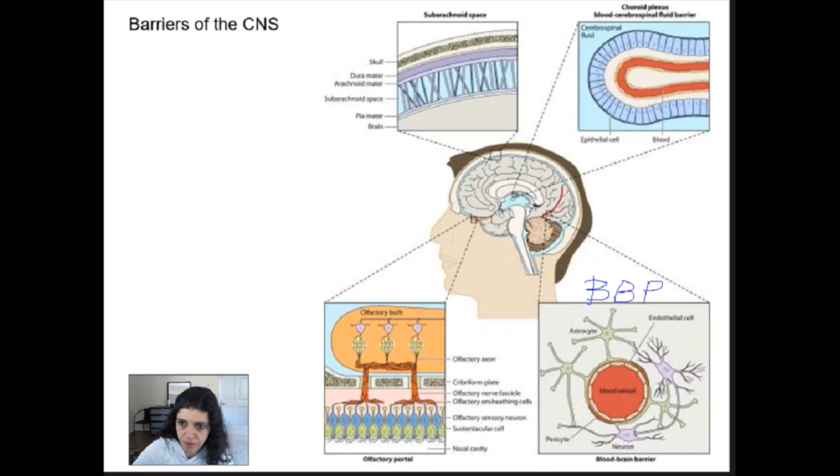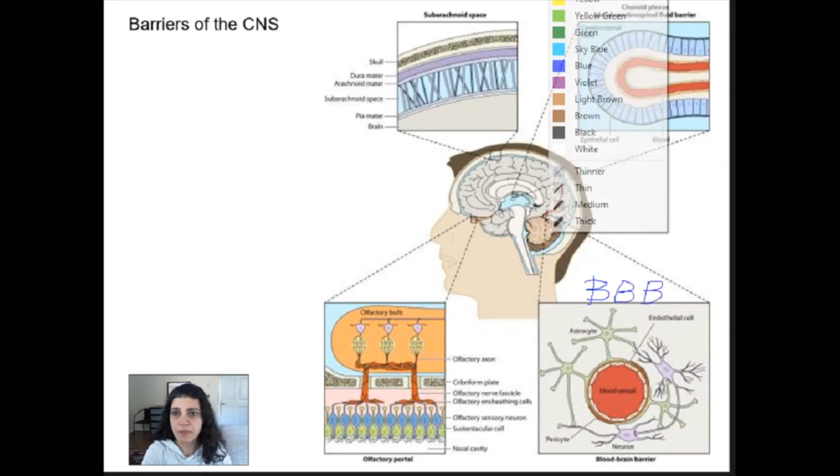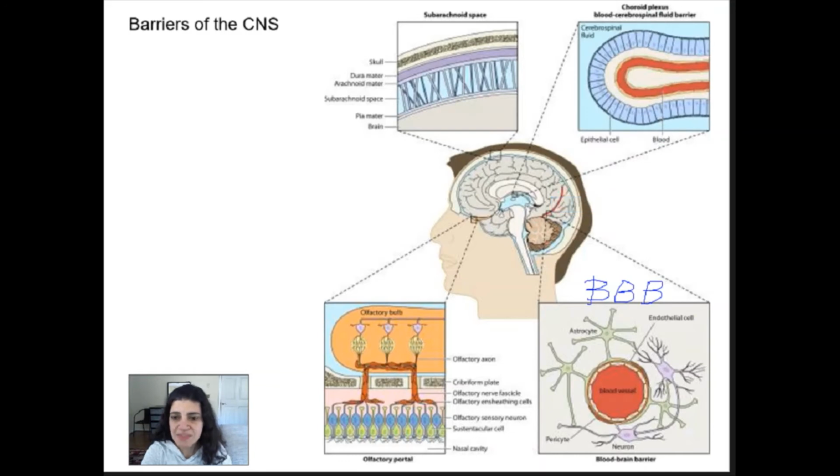blood-brain barrier, okay? And the blood-brain barrier is made of a blood vessel, or the capillaries that are all irrigating the nervous tissue inside the encephalon. And it's this blood vessel. So you're seeing a cross section of the blood vessel, right?